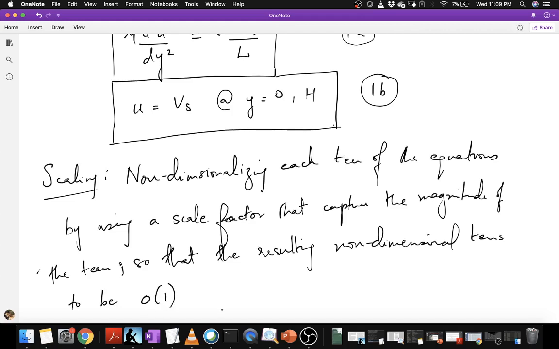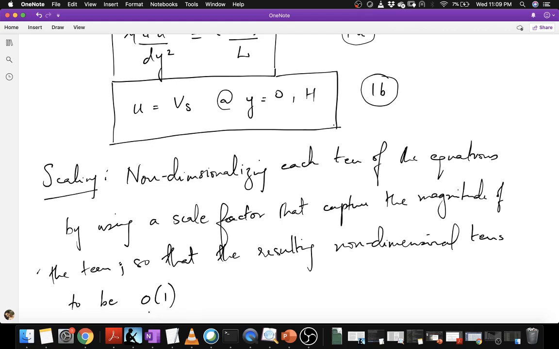Small o of 1 means that its magnitude will be at most of order unity. So if one were to put in numerical values based on a solution of the problem, we'd expect those terms to have numbers maybe like 0.1, 0.5, maybe even 2 or 3, but nothing like 100 or 1000.